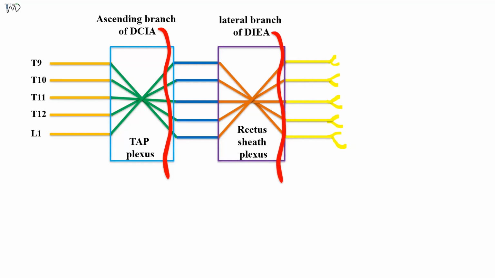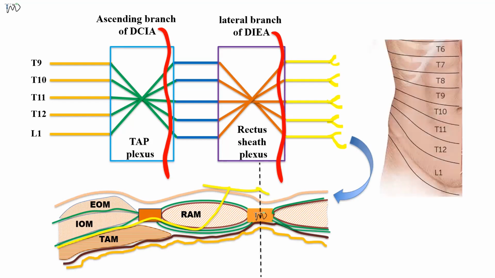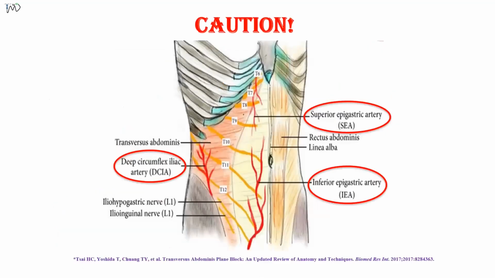The terminal branches ultimately pierce the muscle and supply the skin and subcutaneous tissue above. Hence, the individual terminal nerves have multiple segmental origin. The traditional depiction of well-demarcated dermatomes is not entirely accurate.